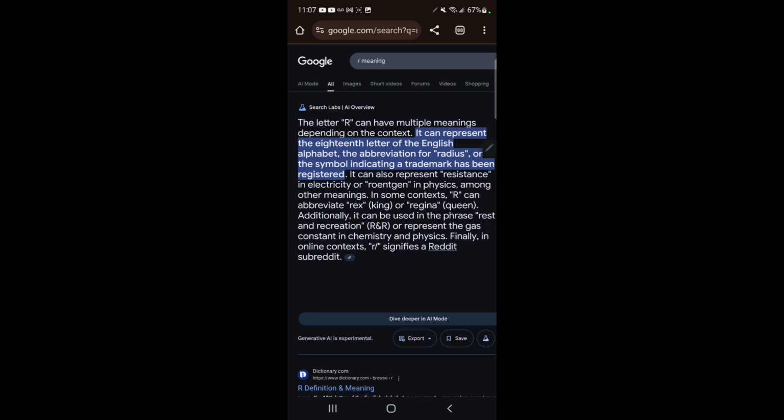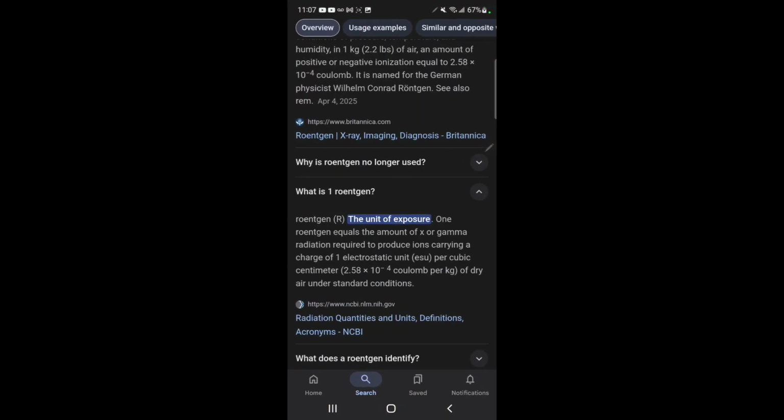R, being multifaceted, could be involved with radius or Roentgen in physics, which is a unit of exposure. One Roentgen is equal to the amount of X or gamma radiation required to produce ions.